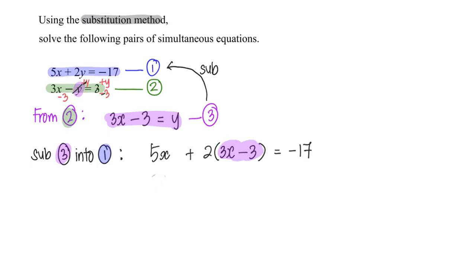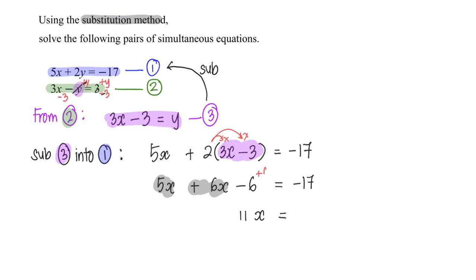So this one will be my 5x. I'm going to multiply by 3 to give me positive 6x here. Multiply by negative 3 to give me negative 6. Continue to solve it. 5x plus 6x will be my 11x.